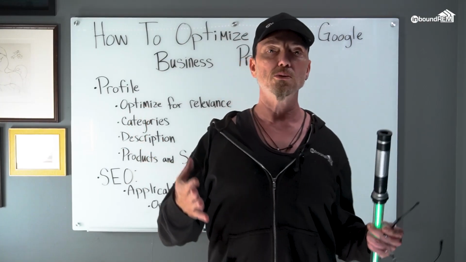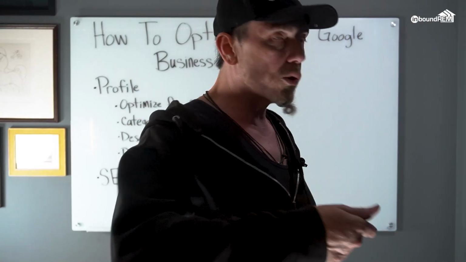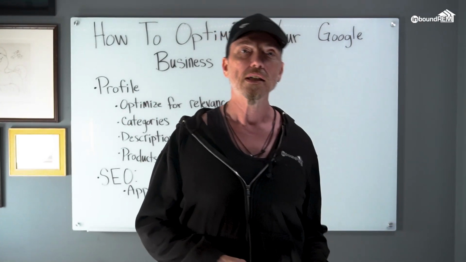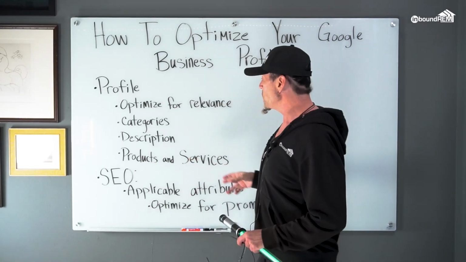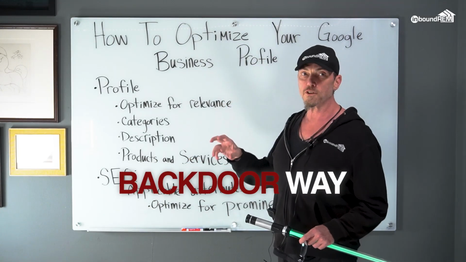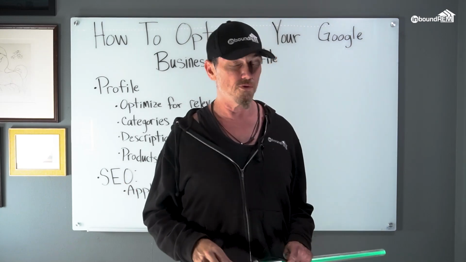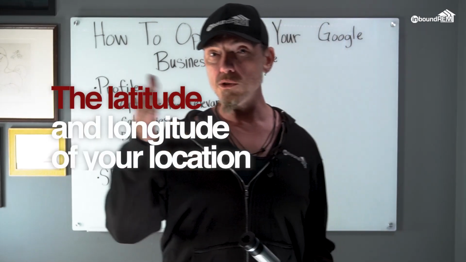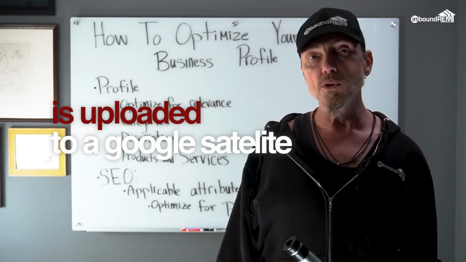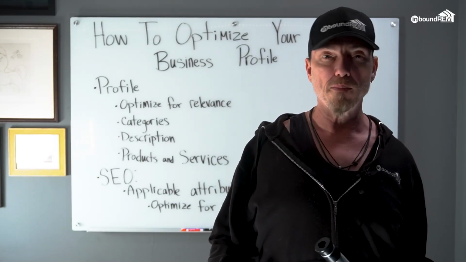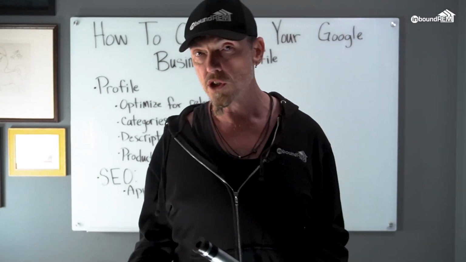Then they find you when they move into a location that your Google business profile is ranking for. So this is a really interesting backdoor way to get in front of people. Unfortunately, it's very precise. The latitude and longitude of your location is uploaded to a Google satellite. Google is measuring prominence in a very mathematical way that has to do with all these signals combined.